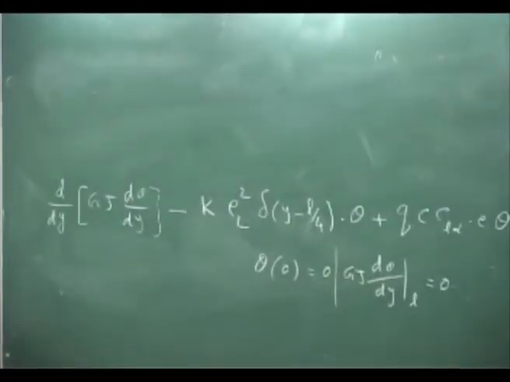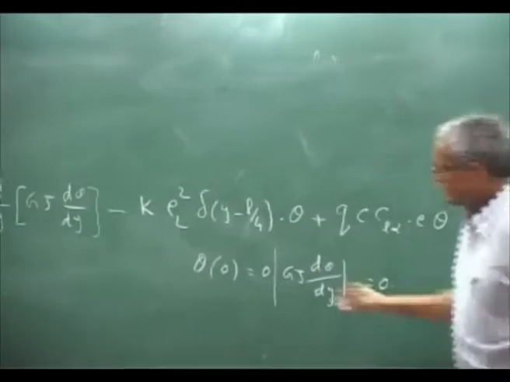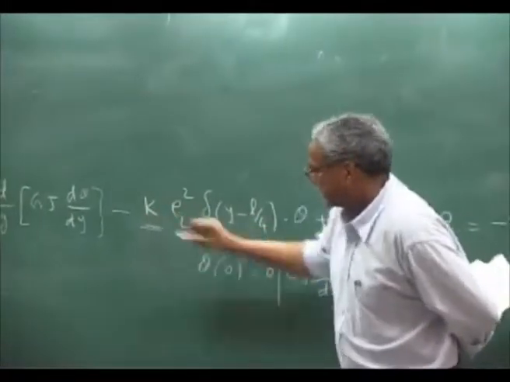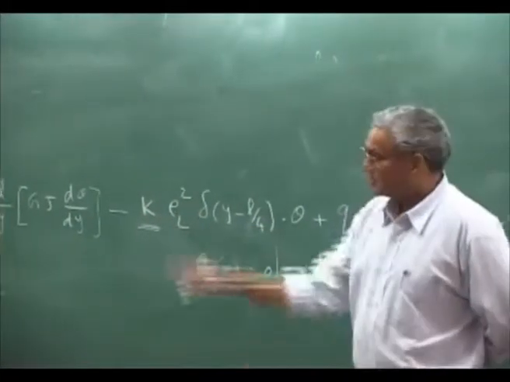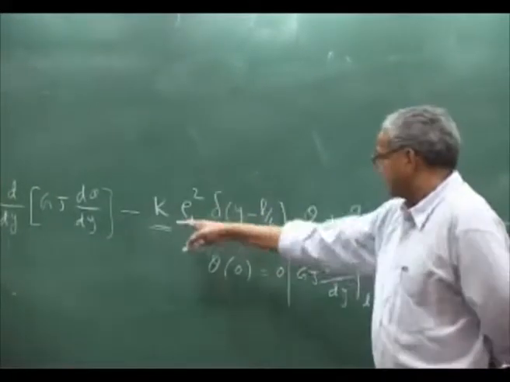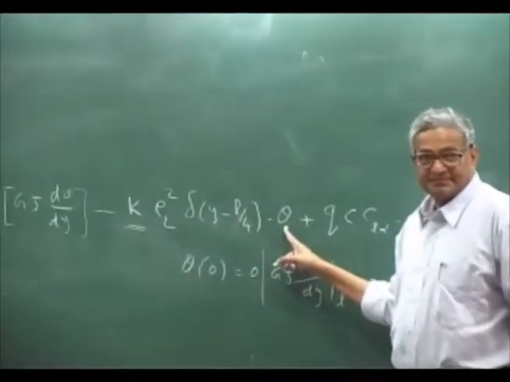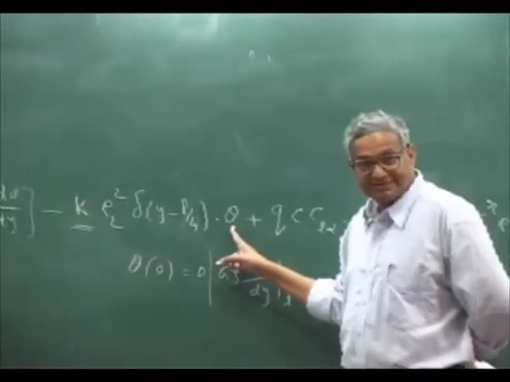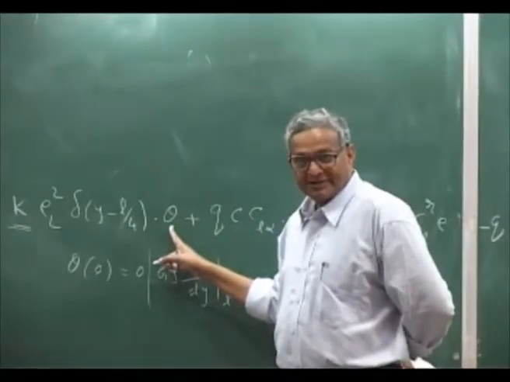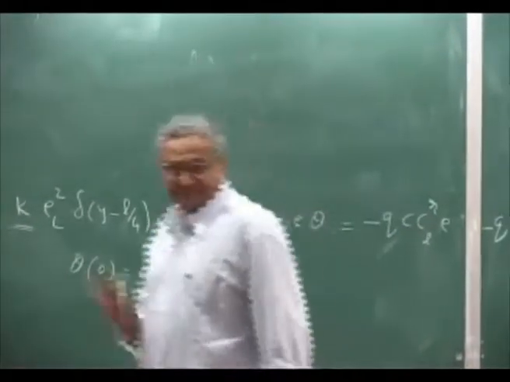Now this is my entire torsion equation. You see, because of this term, that extra spring, which is a function of theta, this will affect your divergence speed. Now here, how do I apply Galerkin?